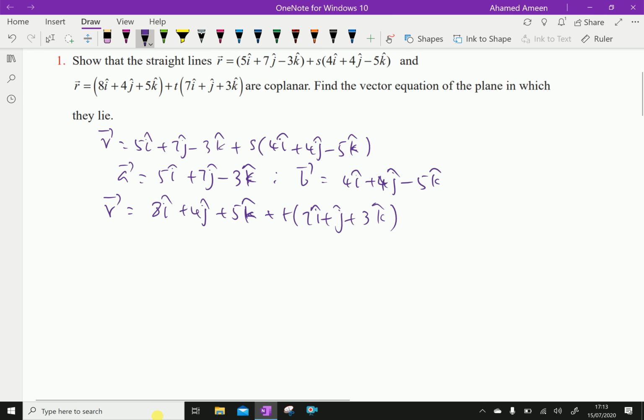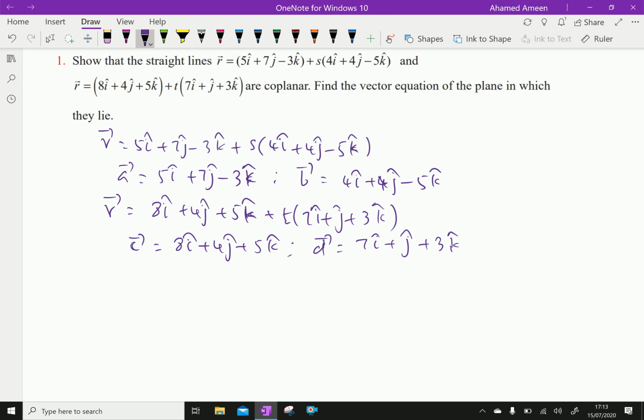Regarding this, vector C, the point it passes through, is 8i plus 4j plus 5k, and vector D, the parallel vector to this second line, is 7i plus j plus 3k.